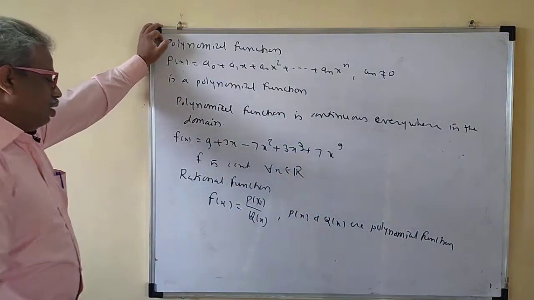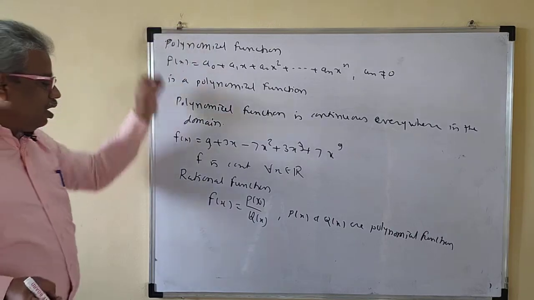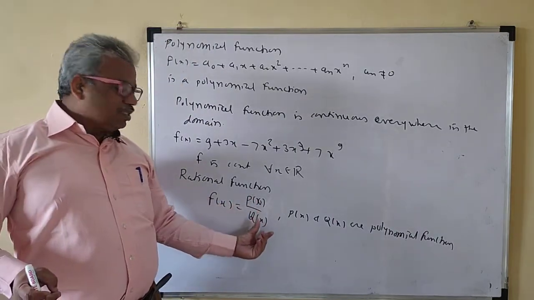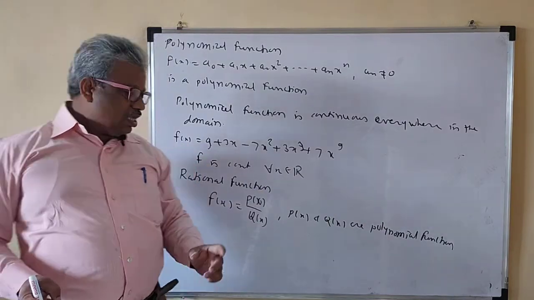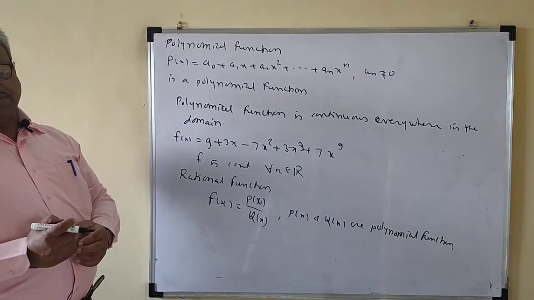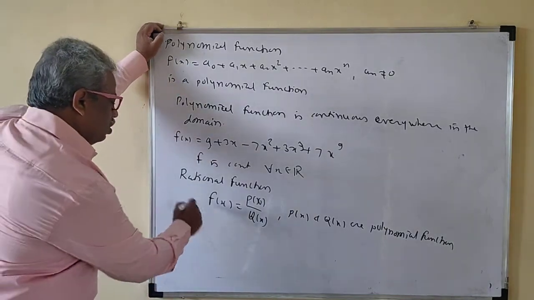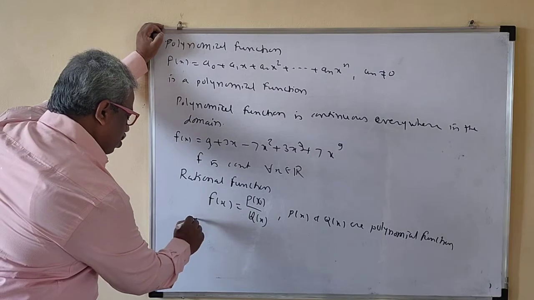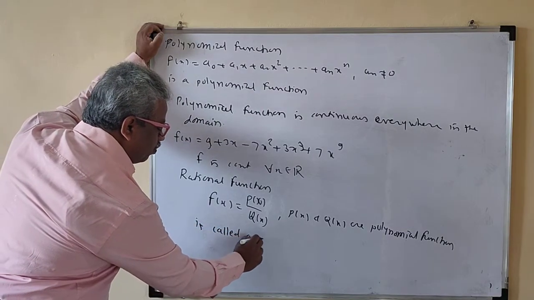A function of the form f of x equal to P of x upon Q of x, where P of x and Q of x are polynomial functions, is called a rational function.